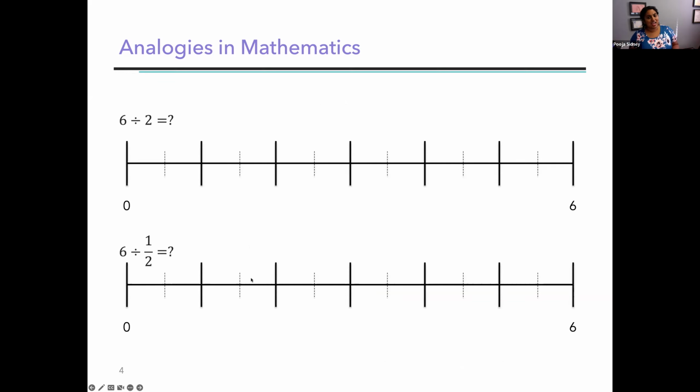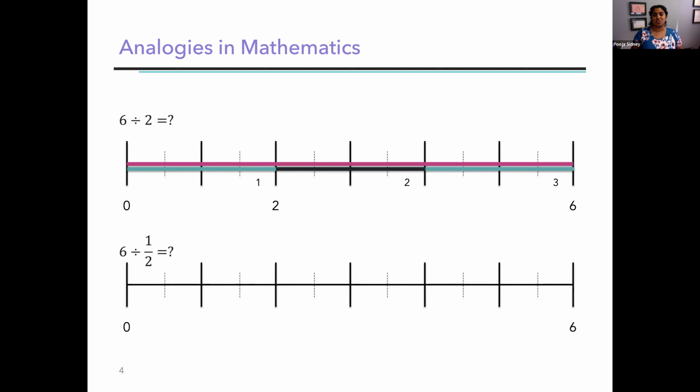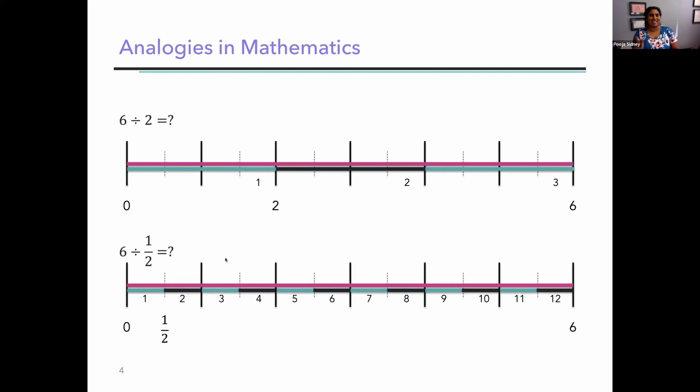If we can understand whole number division as how many times the second number fits into the first number, it's a lot easier to grasp the idea that dividing by a fraction is also finding how many times the second number fits into the first one. So in this way, making an analogy between something that's really familiar to, say, a 6th grader can help them learn something new really rapidly.